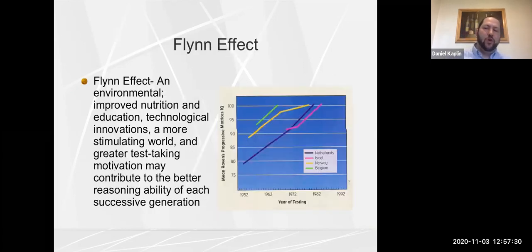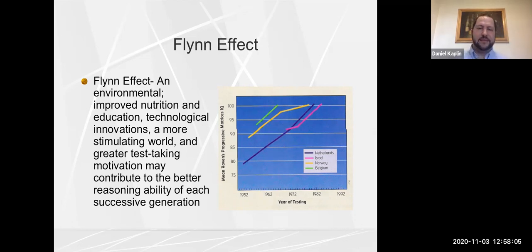Now let's shift purely to nurture, the environment and how it affects IQ. I'd like to talk to you about something called the Flynn effect. If we were to compare your IQ relative to your parents' IQ, relative to your grandparents' IQ, and we follow you through time, we tend to see people are performing better in IQ through time. So how is it possible that you're on average smarter than your parents or have higher IQ than your parents or your grandparents?